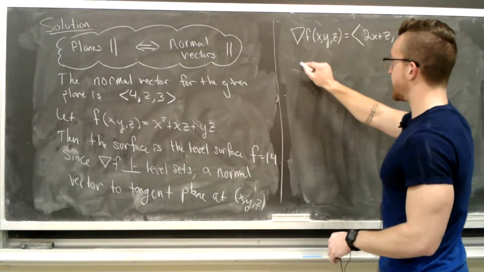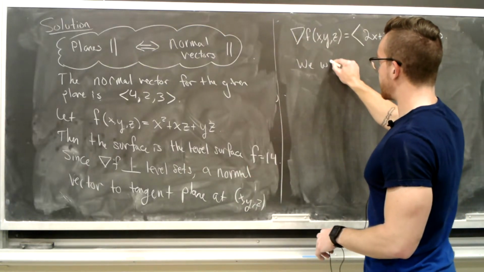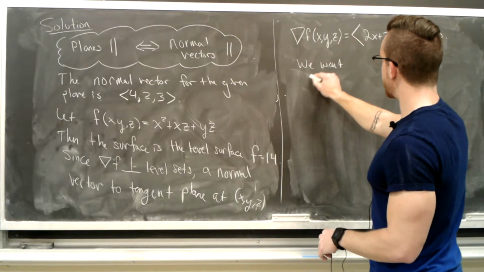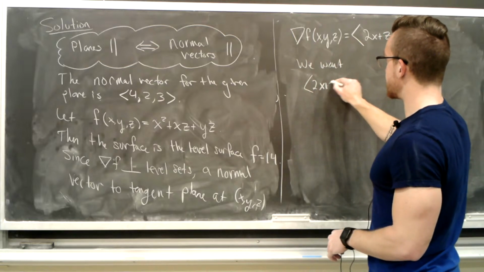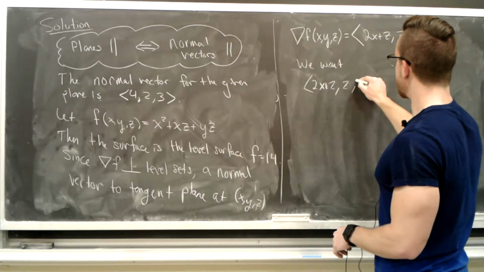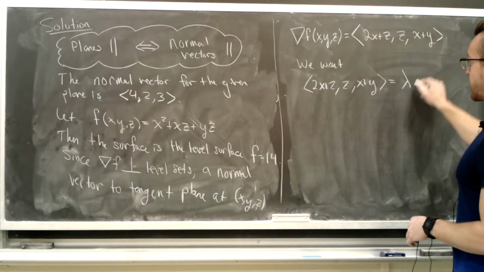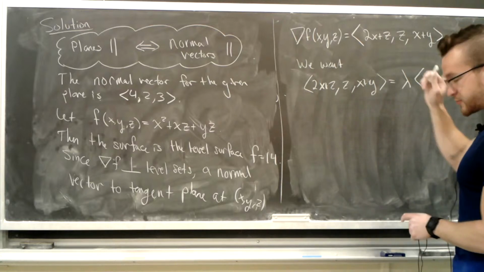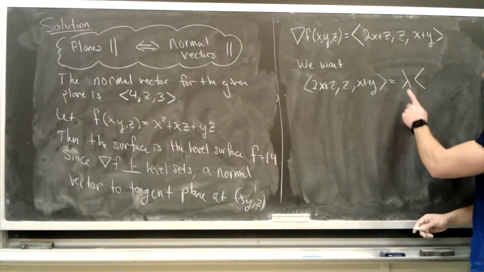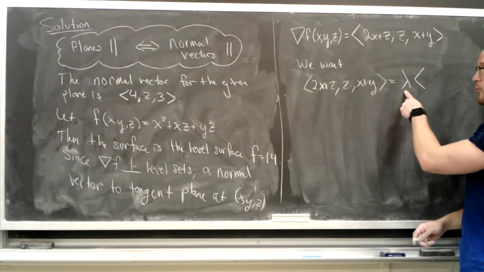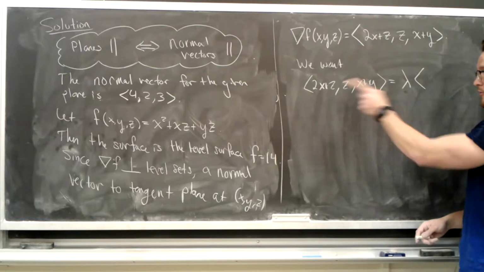That is to say, we want the vector (2x + z, z, x + y) to be parallel to, which is to say, should be some scalar multiple of the vector (4, 2, 3).